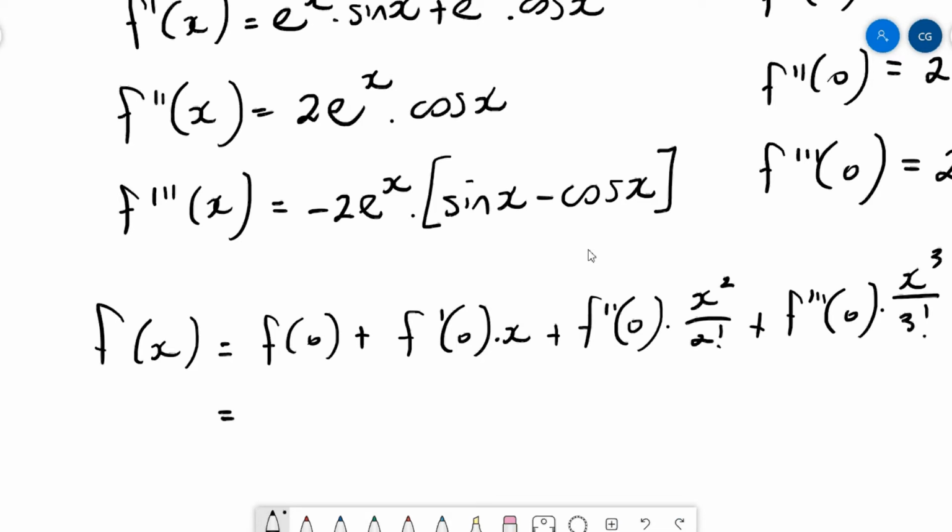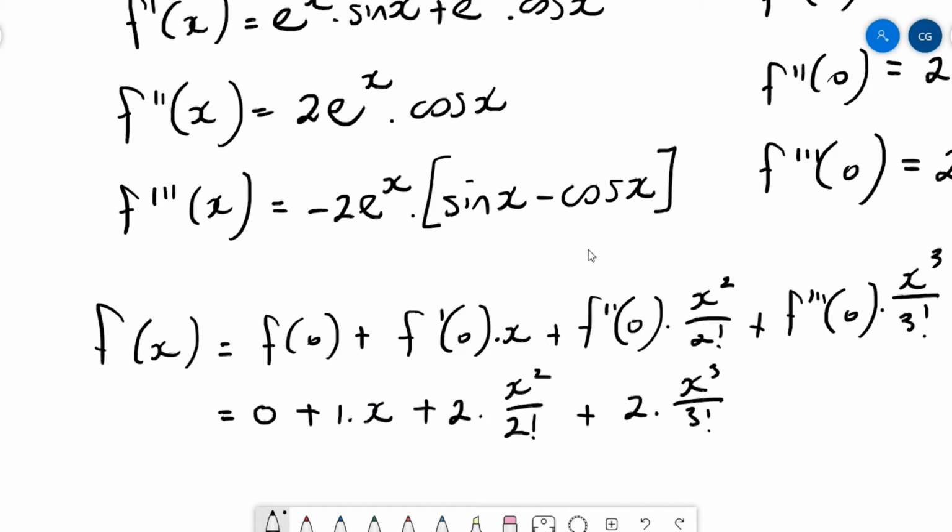Now we can go and substitute. We found f of 0 to be 0, plus 1 times x plus 2 times x squared over 2 factorial plus 2 times x cubed over 3 factorial.